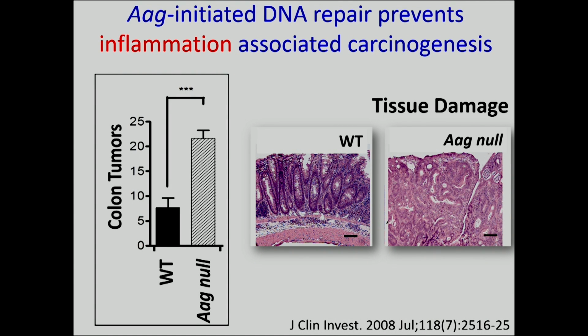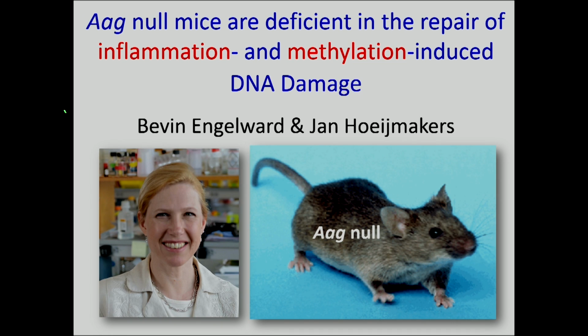The thing about this mouse was that lacking the glycosylase makes it deficient for repairing damage that's induced by inflammation, and also deficient for repairing damage that's induced by methylation. I will first tell you about the action of this glycosylase on inflammation damage.